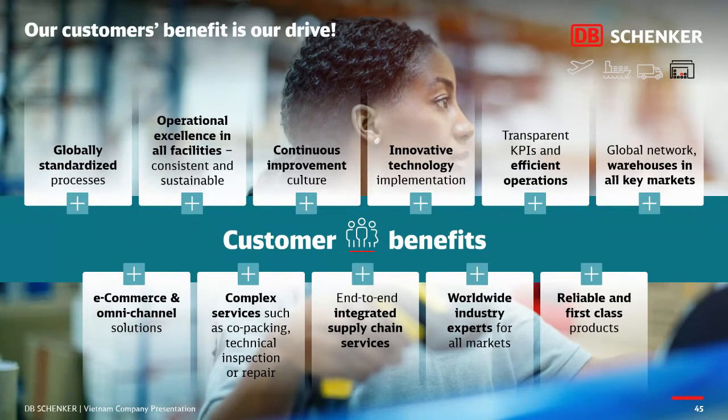For example, like Apple today, we can provide them air freight from overseas. They import the spare parts to replace in the Vietnam market. So we import those spare parts to Vietnam and ship them to our warehouse, and then we deliver those spare parts to all the Apple agents or shops in both the north and south. So that's called end-to-end.